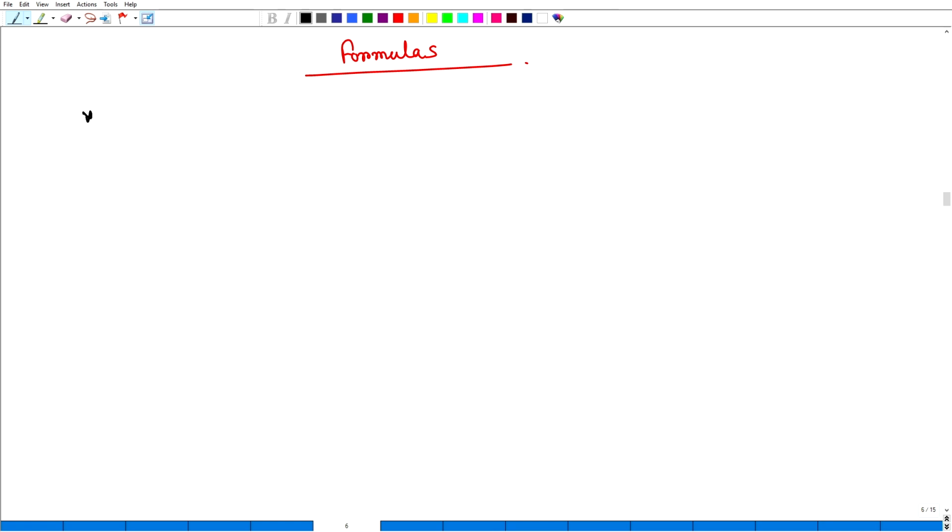Okay. So, first, h nu is equal to E final minus E initial. Next, this is very important, c is equal to nu lambda for any electromagnetic radiation.